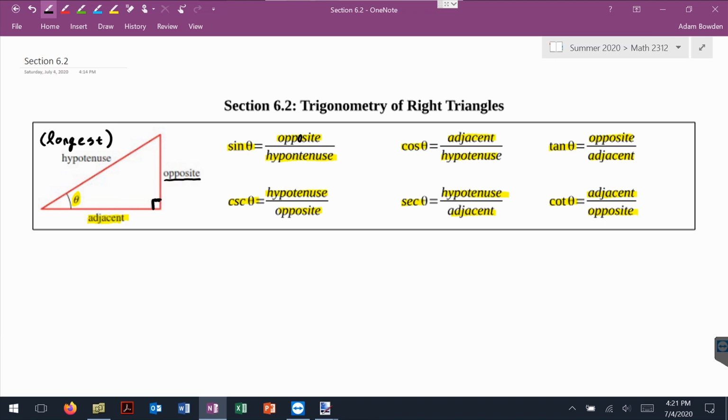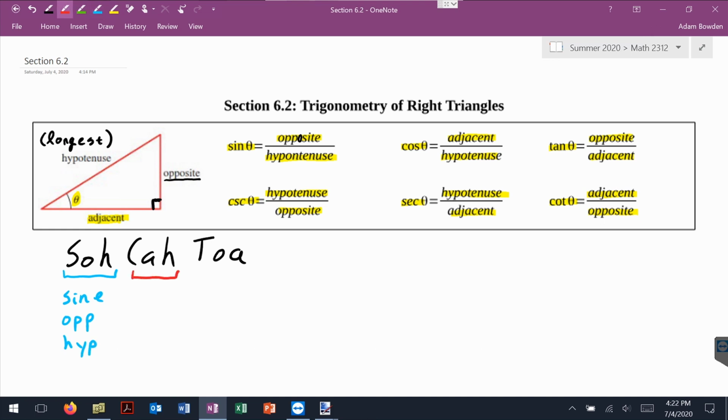First off, one thing that people like to use to help remember what each of these are: sine, cosine, and tangent are the most commonly used functions here. The acronym SOHCAHTOA is often used to help remember what sine, cosine, and tangent are. The first one would be sine. The O and the H stand for opposite, hypotenuse.